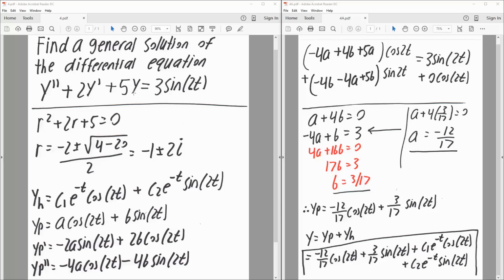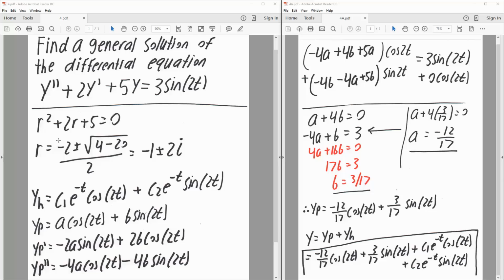So we'll get started. With the method of undetermined coefficients, we treat this part as 0. So we say r squared plus 2r plus 5 is equal to 0. We would use the quadratic formula to get r.